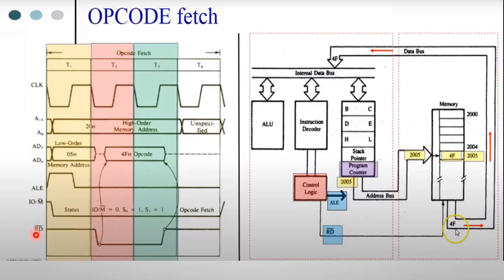Since it is an active low signal, during the first clock cycle it is high, and during the second half cycle it becomes active low. As soon as it becomes active low, it reads the opcode in the memory location, and this read cycle will continue till T3.